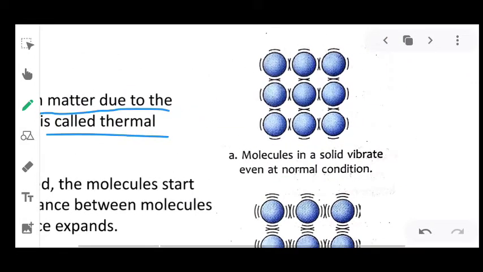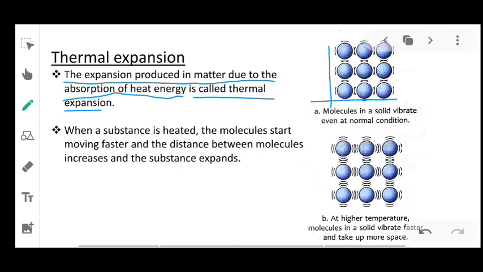Now look at the picture. This is a picture of molecules in a solid. Even at normal conditions, the molecules vibrate. So when the substance is heated, the molecules start moving faster and the distance between molecules increases.